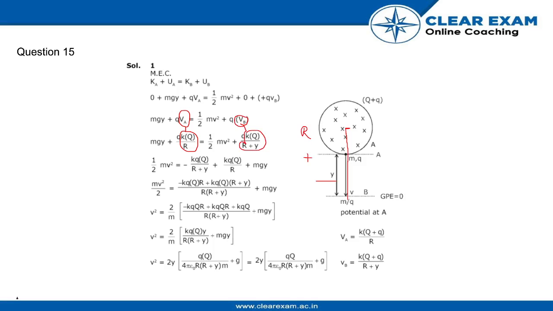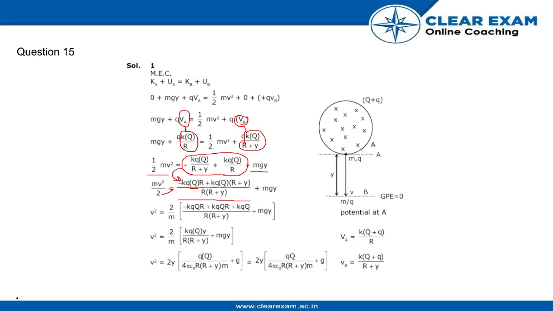Since this distance is r plus y, we'll simply rearrange: half mv square is equal to minus kqQ upon r plus y, plus kqQ by r, plus mgy. We'll take the common base, and in the numerator we have minus kqQ into r plus kqQ into r plus y.